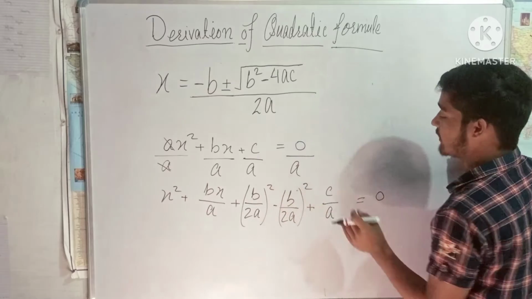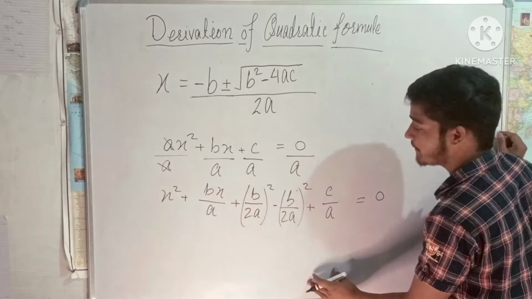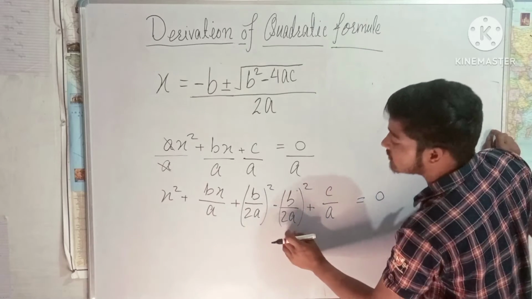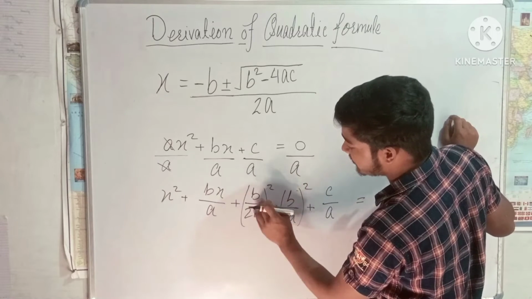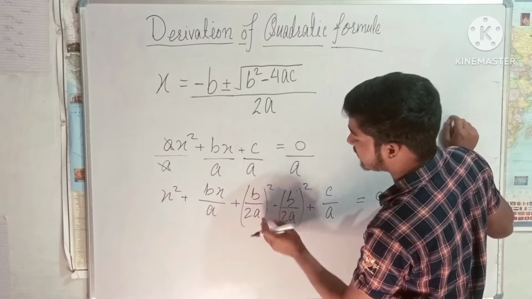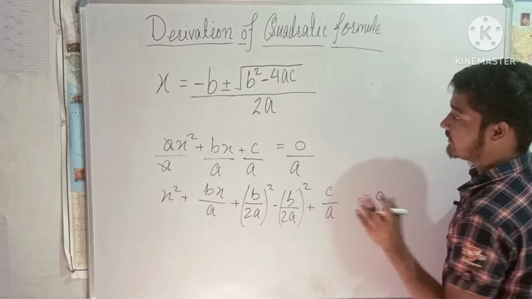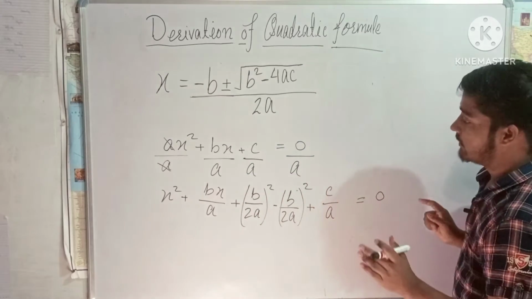When 0 is divided by any real number, it will be 0, right? We can see that there is no change, because first I add b upon 2a square, then I subtract b upon 2a square. This equation and the earlier equation are equal.